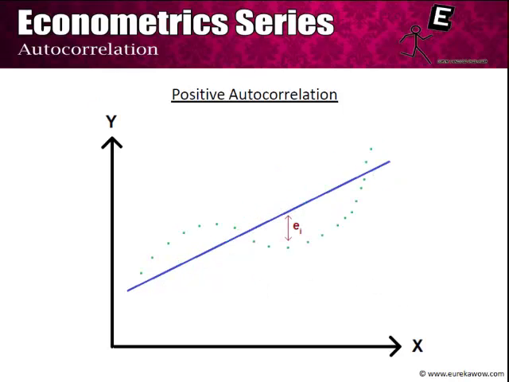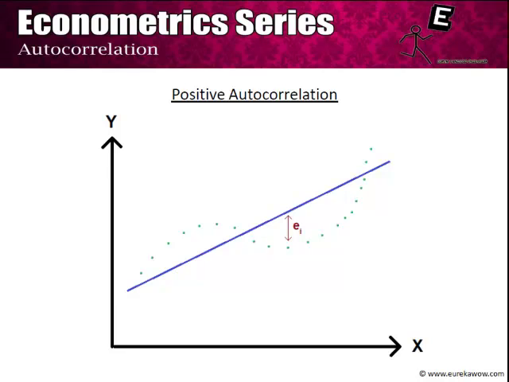Let us first look at the case of positive autocorrelation, that is when error terms, instead of being randomly distributed, tend to be positive if the previous error term was positive and tend to be negative if the previous error term was negative. In that sense, they follow the last few error terms. Positive autocorrelation is the more common form of autocorrelation because most economic variables tend to show a lot of inertia.